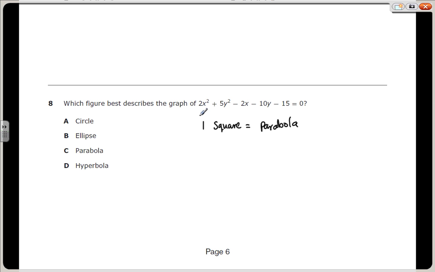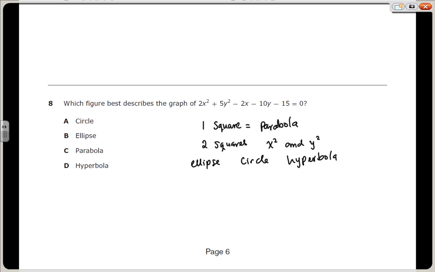Okay? If you have two squares, basically you have x squared and y squared. In that case, it's either going to be an ellipse, a circle, or a hyperbola.